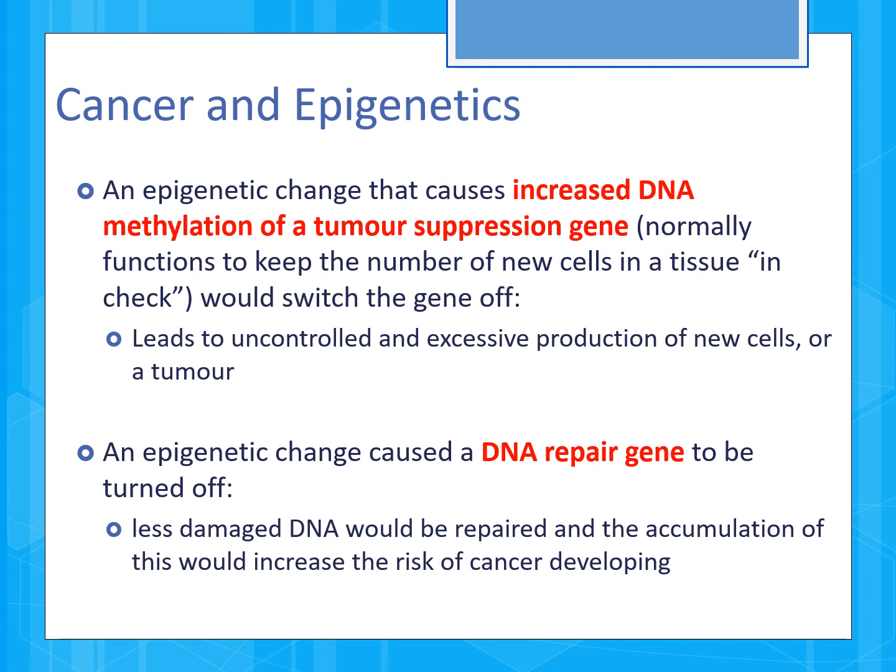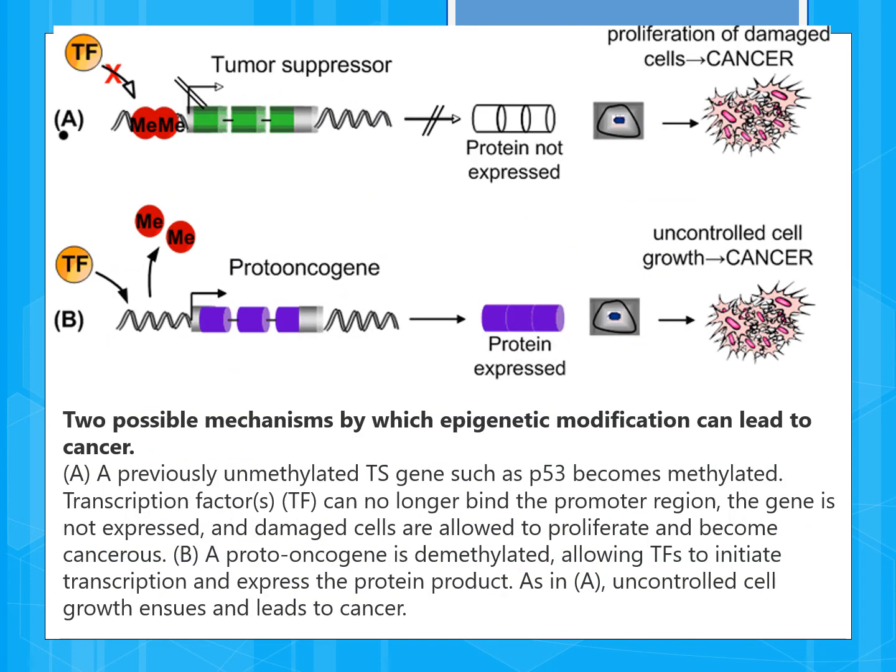Similarly, if a gene that normally repairs DNA is silenced, you're going to get less repair of DNA, which means you accumulate more mutations, which means the cell is more and more likely to become abnormal and to become a cancer cell and to lead to disease. So these are just a couple of examples.